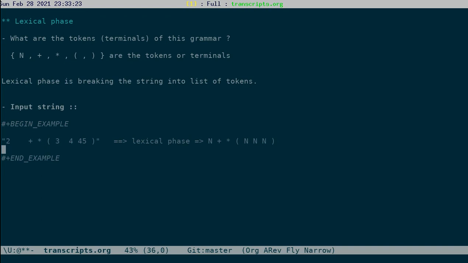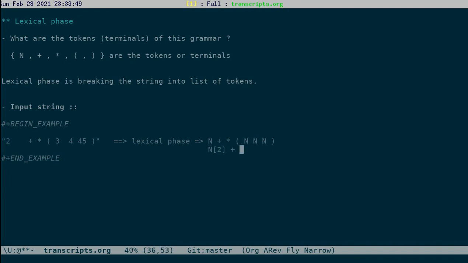Now to be precise, the n corresponding to 2 and the n corresponding to 3 are different. The semantic value that you associate with a token might be different. So strictly speaking, the first n is the n corresponding to 2. I am writing it in a square bracket to indicate that the semantic value of this n is 2.